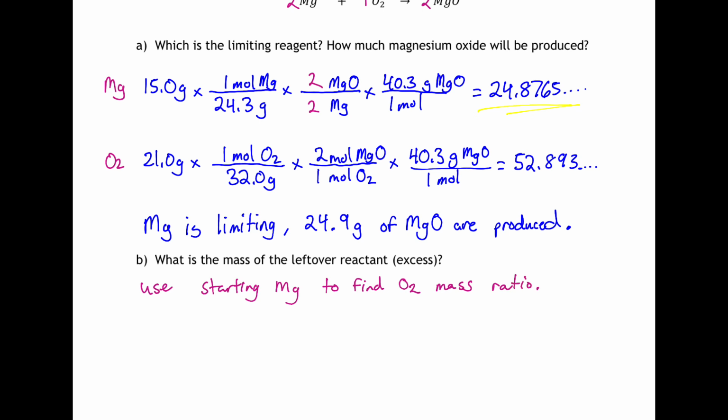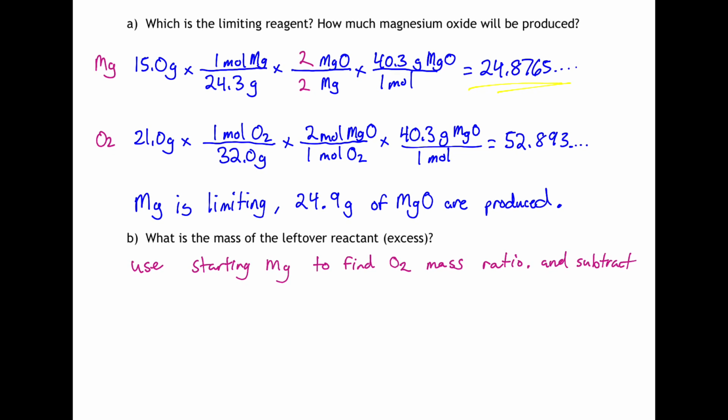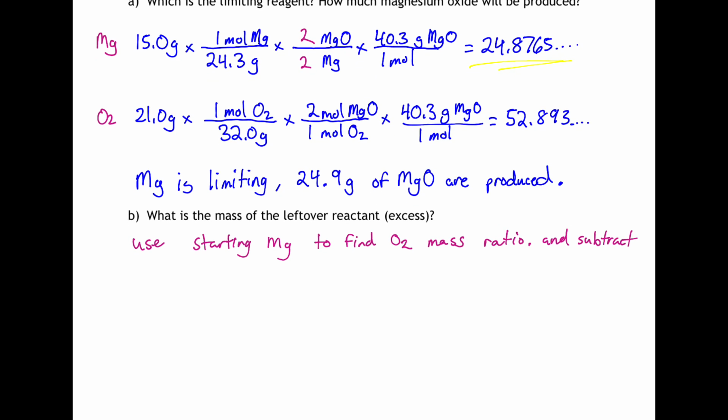Basically, if we use up all the magnesium, how much of the oxygen did we use up, and then subtract. So we're going to do the mole ratio calculation to look for how much oxygen would be in balance with my reaction. Starting the same as we did before, but we're going to finish with the oxygen on this side.